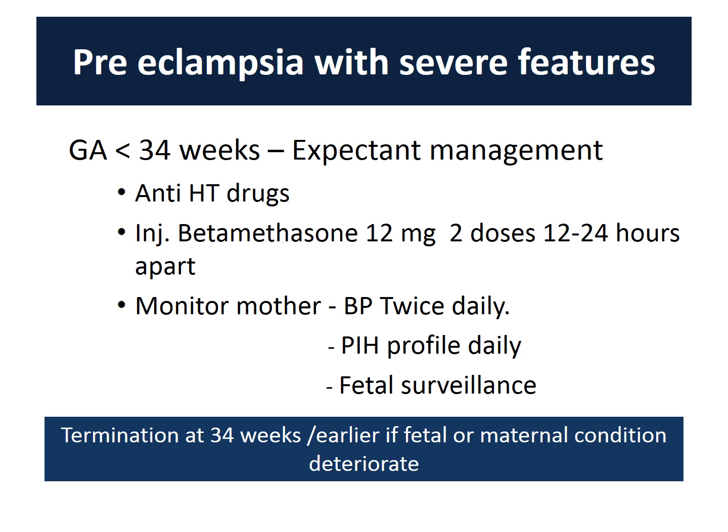Monitor the well-being of the mother by checking BP twice daily. Repeat the investigations daily, and fetal surveillance should be done using NST and weekly biophysical profile. Continue the pregnancy up to 34 weeks and then terminate, or earlier termination may be indicated if the fetal or maternal condition deteriorates.